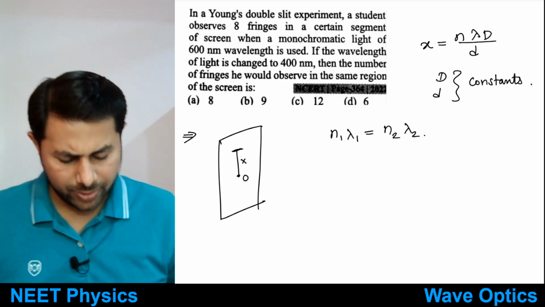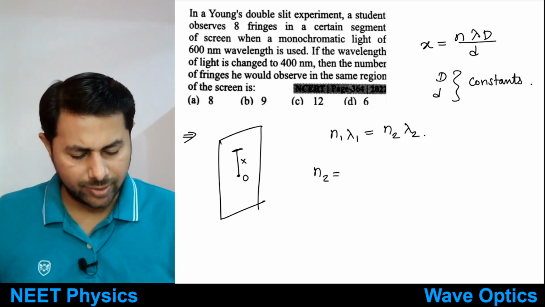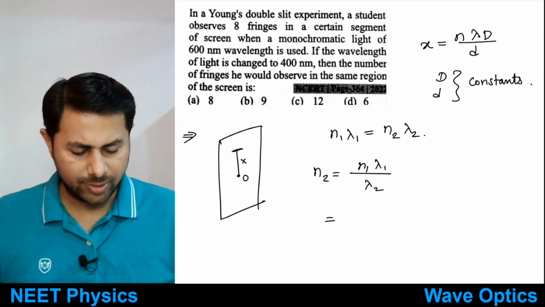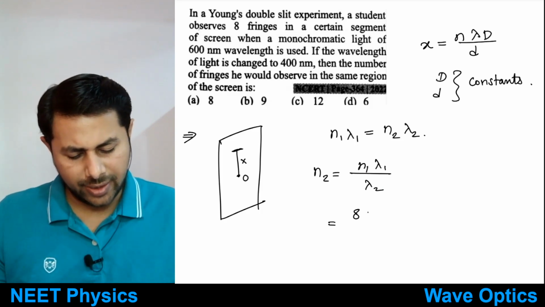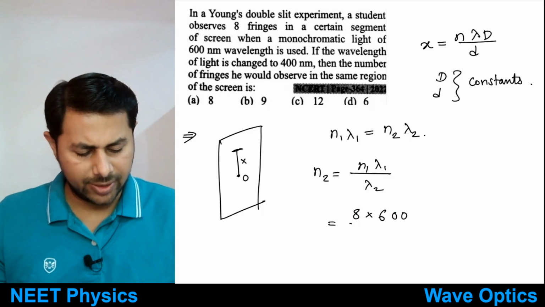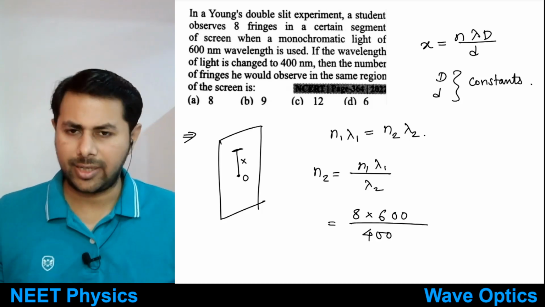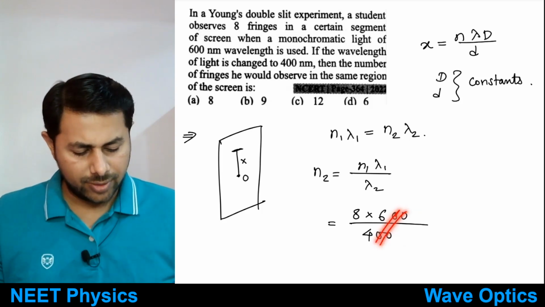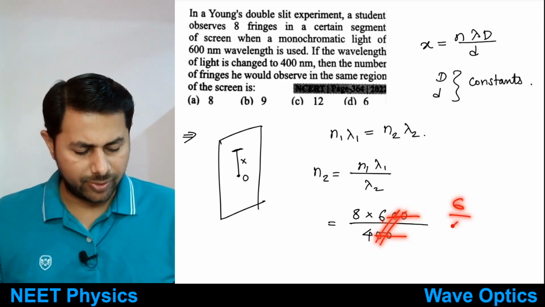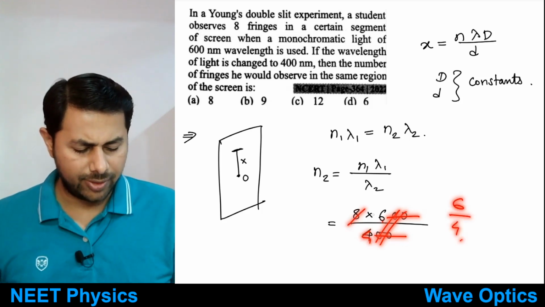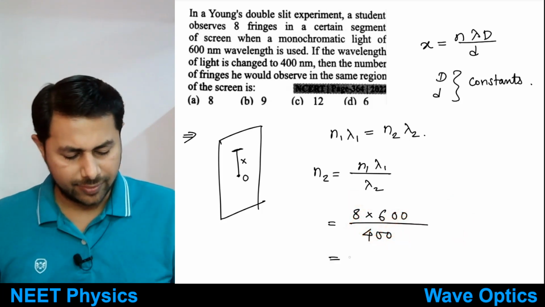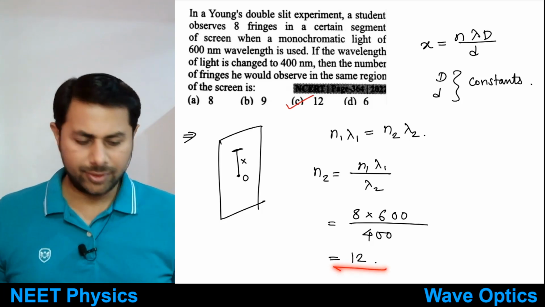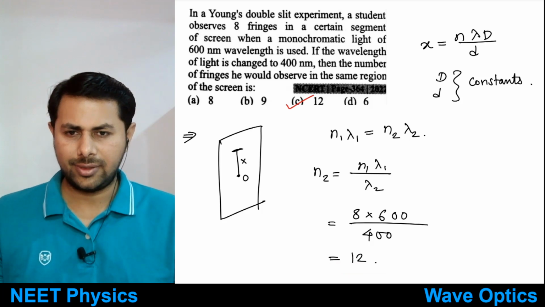You want n2, which is n1 lambda 1 divided by lambda 2. Just put the values: n1 is 8, lambda 1 is 600 nanometers, and the other is also in nanometers, 400 nanometers, so we don't need to change units. Then we get 8 times 6 by 4. You can divide 8 by 4, that's 2, and 2 times 6 is 12. Correct, so it's option C. This is very simple, right?